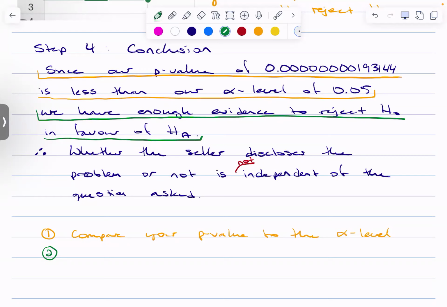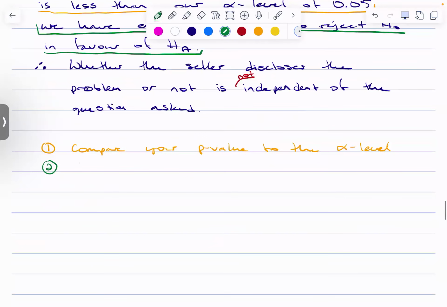Do you have enough evidence to reject H0, or you don't have enough evidence to reject H0? So here, your conclusion in terms of H0. And that's because we did all our testing assuming the null hypothesis was true.